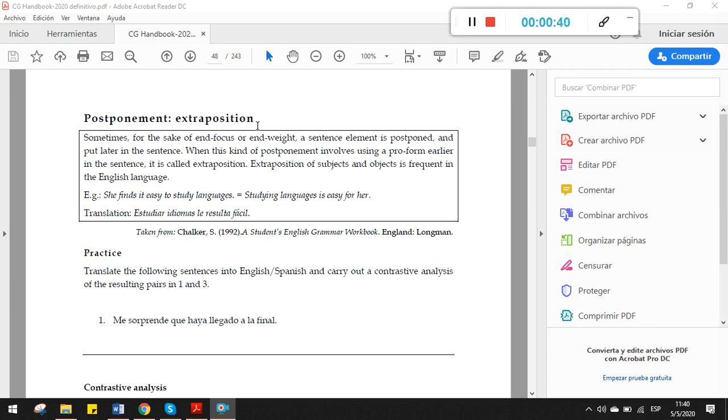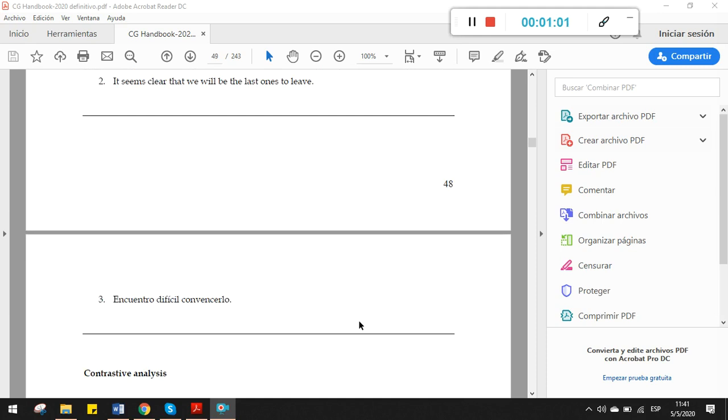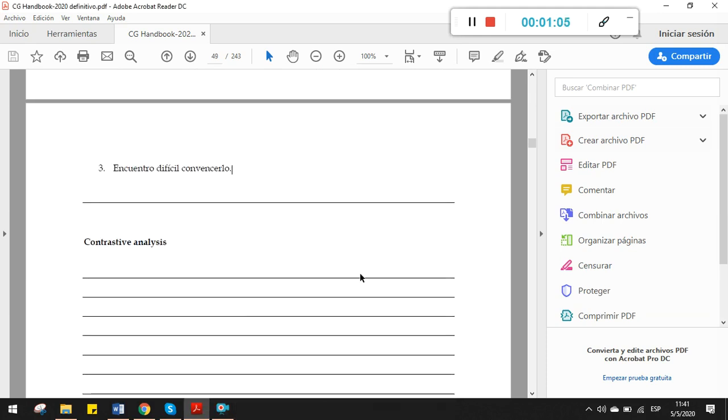Within the section on postponement, extraposition, you have a practice that asks you to provide the translations into either English or Spanish, and then produce your own contrastive analysis. In this case, we're going to focus on sentence number 3, "encuentro difícil convencerlo," which belongs to page 49.